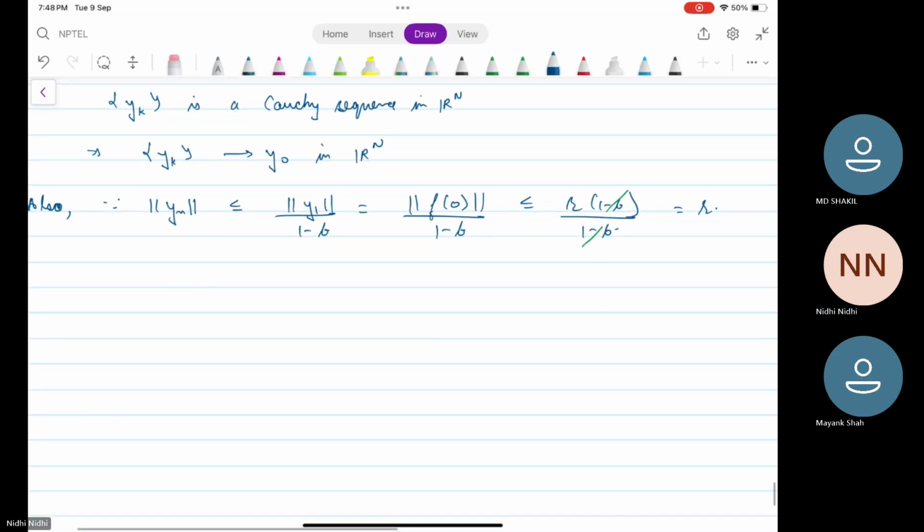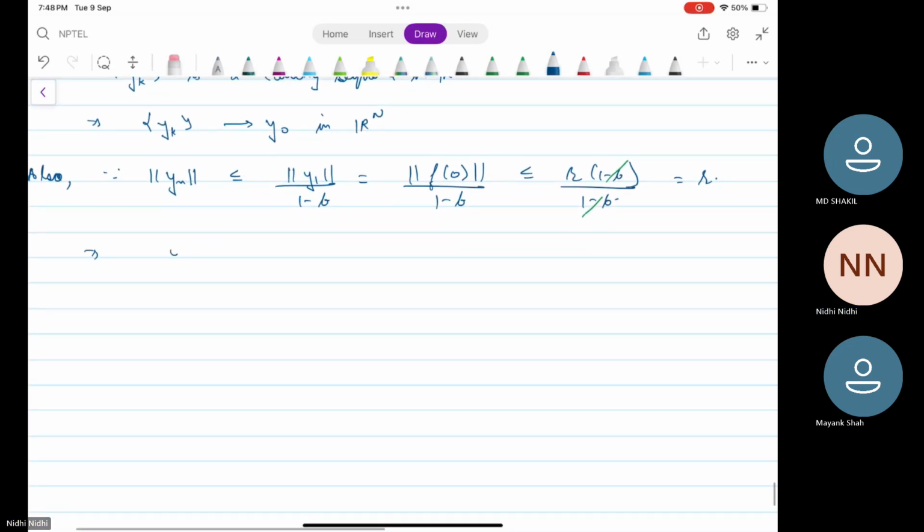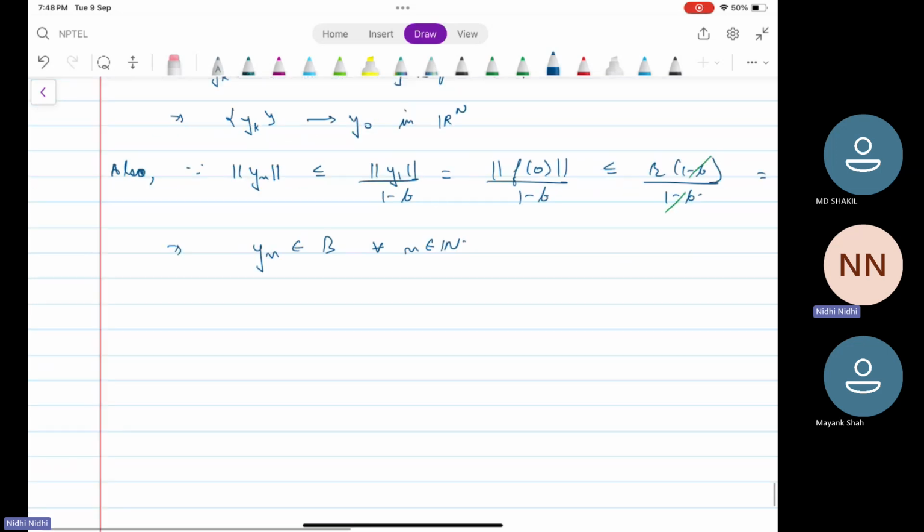Therefore, this yn belongs to B for every n in N. Now, since yn is a sequence in B, where B is the closed ball, the limit will also be inside B because closed and bounded sets in Rn are compact.